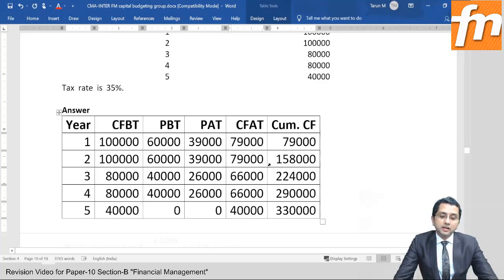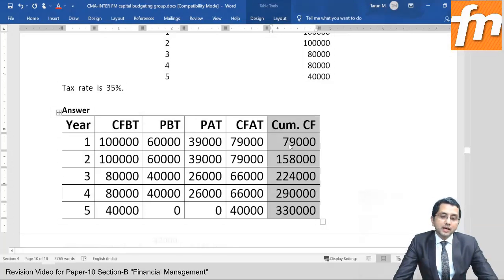For the third year, it will be 1,58,000 plus 66,000, that is 2,24,000. Then for the fourth year, it is 224 plus 66, that is 2,90,000. Then 2,90,000 plus 40, that is 3,30,000. So I have prepared a column of cumulative cash flows.